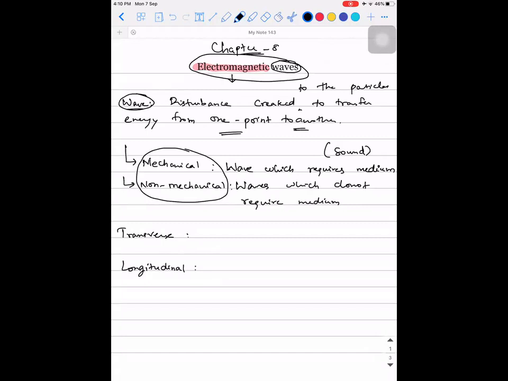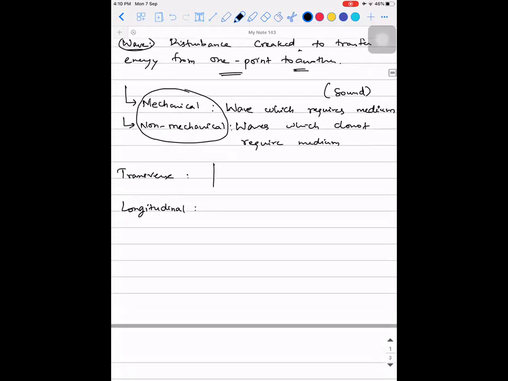So when you create a disturbance, let's say if the particles are vibrating and the wave is propagating mutually perpendicular to each other. So if the direction of vibration and the direction of propagation are mutually perpendicular to each other, then that type of a wave is called transverse, because transverse means perpendicularity. According to physics, transverse means perpendicular. Similarly, longitudinal is related to length.